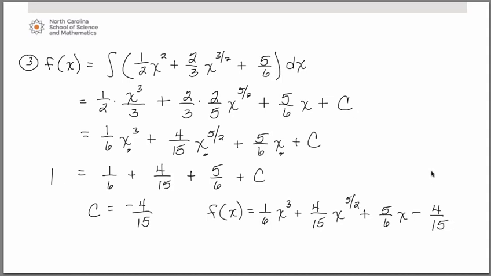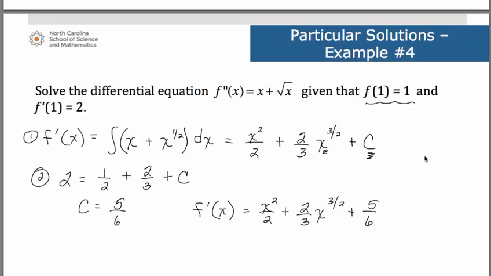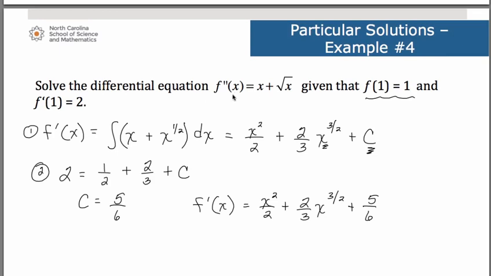Now, one side note, if by chance initial conditions had not been given and you were simply asked to solve this differential equation, one thing you would have to watch as you walked through was how to denote your constants, because you cannot have two c's. This first c came from doing the antiderivative of the second derivative to arrive at the first derivative.